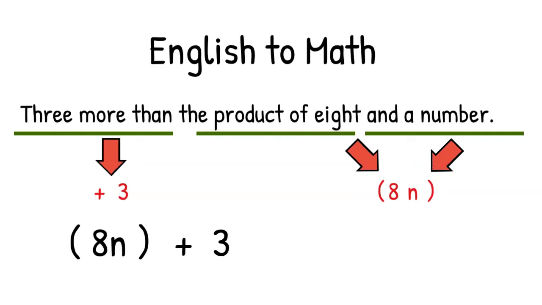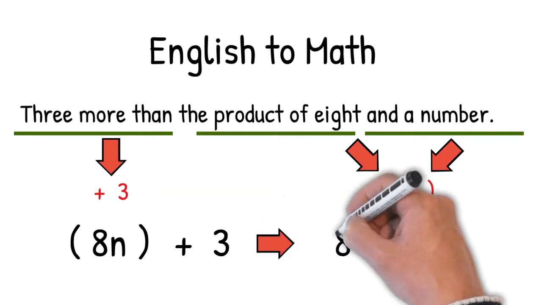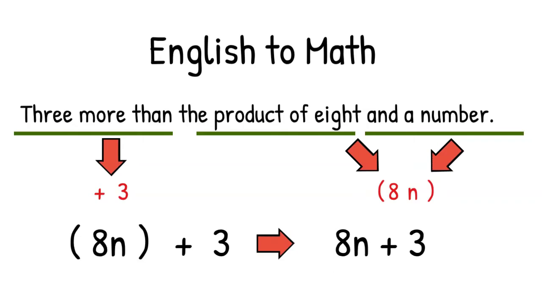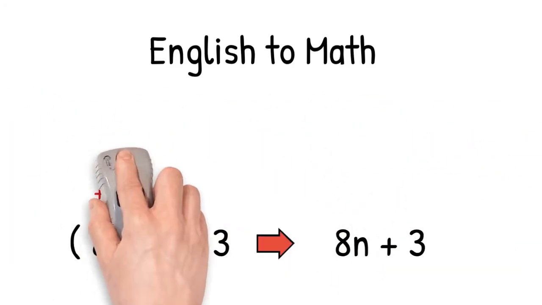However, there is also some redundancy. Because of the order of operations, multiplication must be completed before we do any addition, then all that we really need is just 8n plus 3. 8n plus 3 is algebra for English 3 more than the product of 8 and a number.